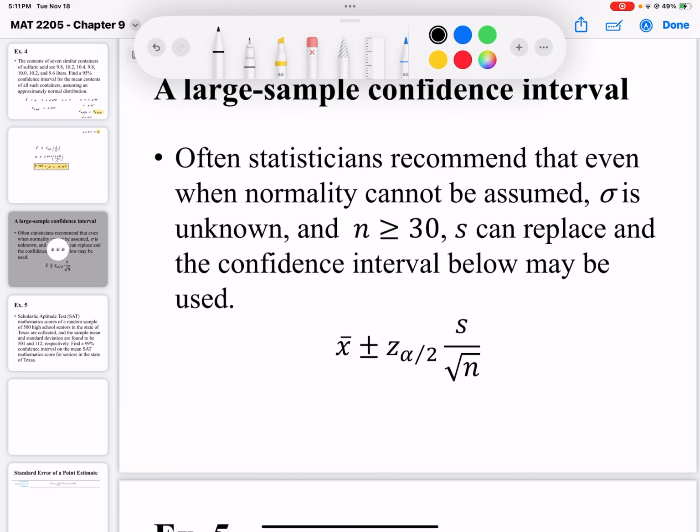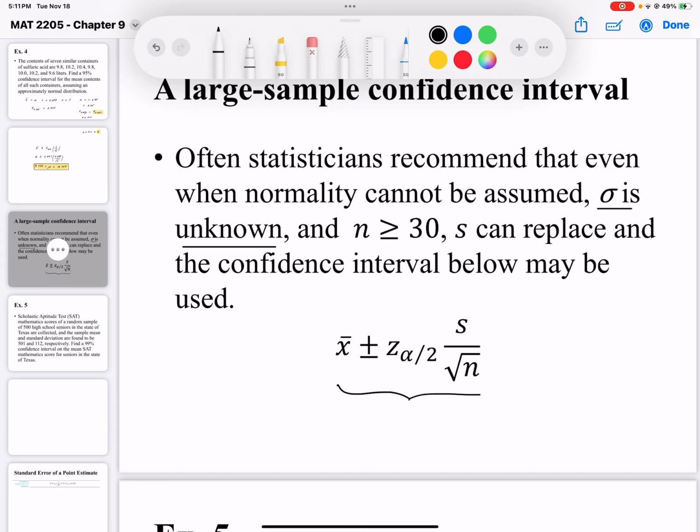So suppose we have a large sample confidence interval. So our n value is greater than or equal to 30. Again, our population standard deviation is unknown. So we have this formula that can be used.